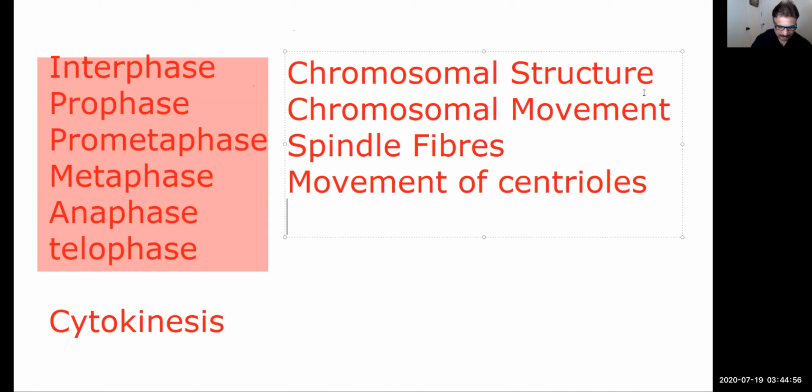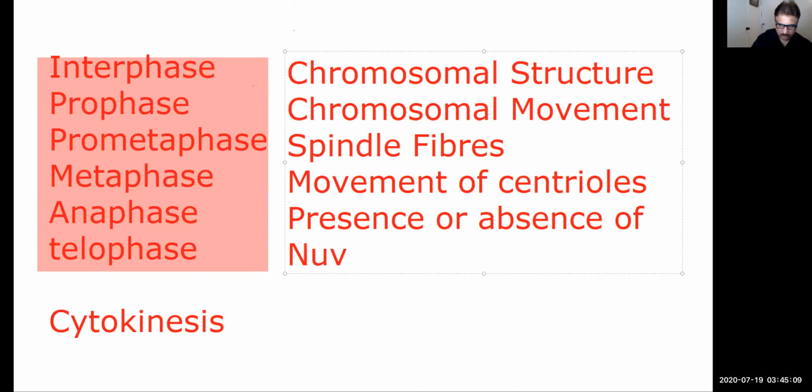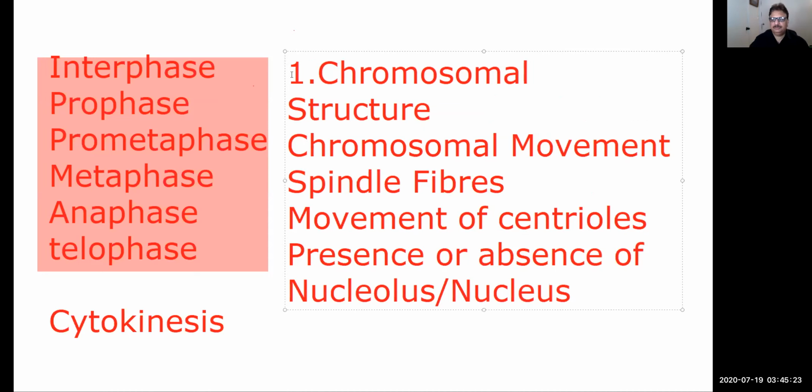Then I would like you to focus on presence or absence of nucleolus and nuclei or nucleus. So these are the criteria that I would like you to focus on in each phase.